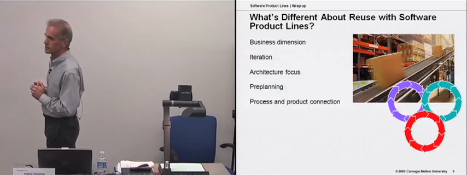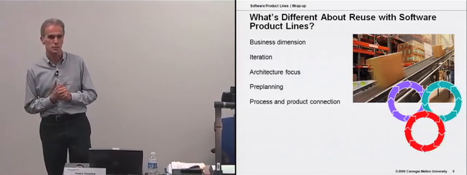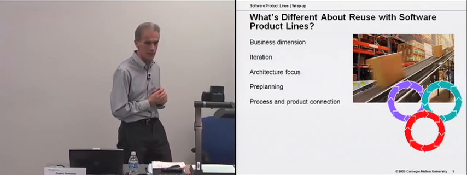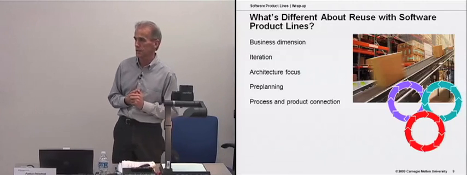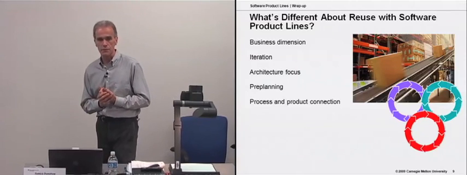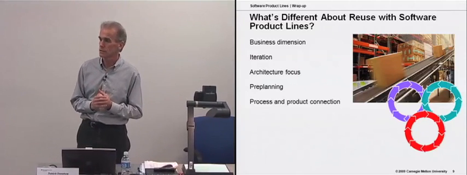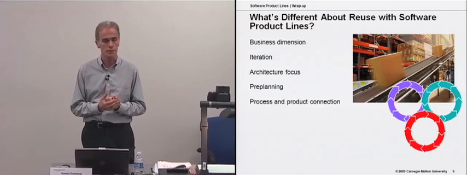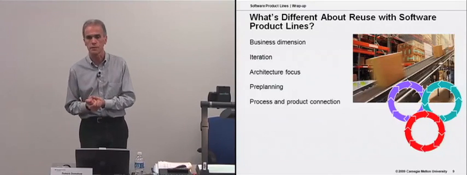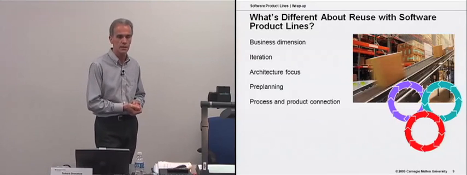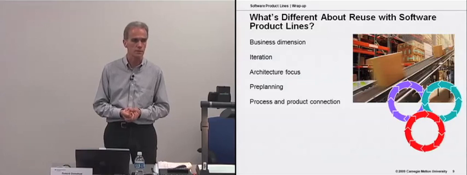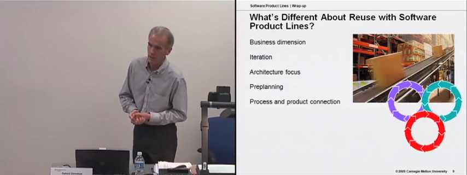So there is a strong business dimension to software product lines, and if you don't really have a good business justification for getting into software product lines, then you have to ask yourselves, why are we doing this? So you really need to think seriously about the business case that would enable you to recover any investment you make in coming up with a set of core assets and a whole production infrastructure.